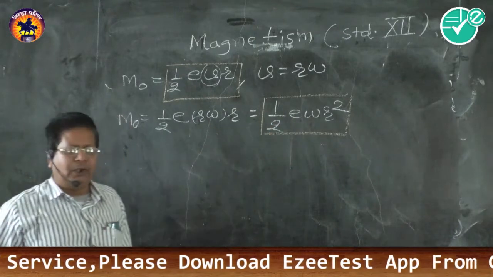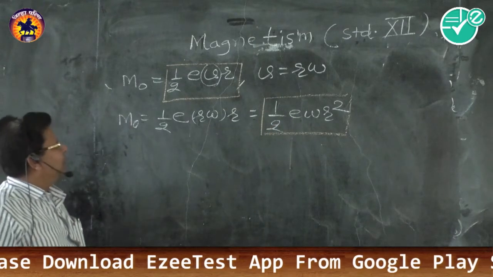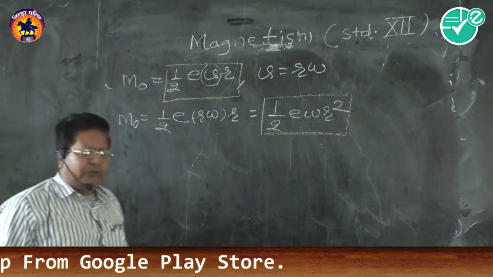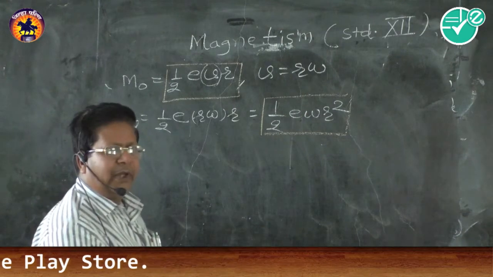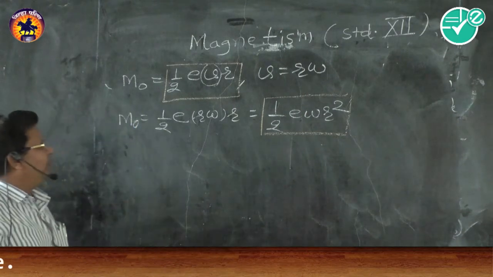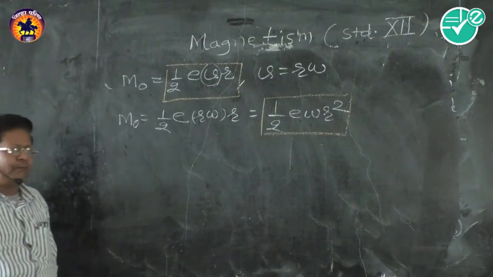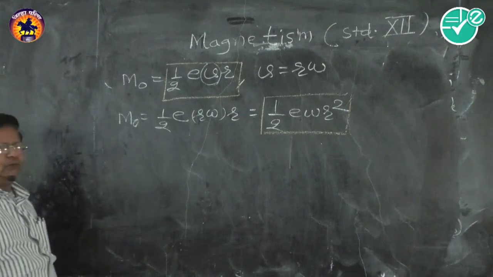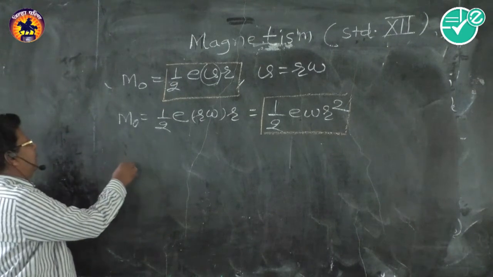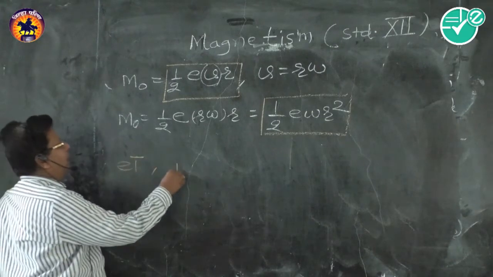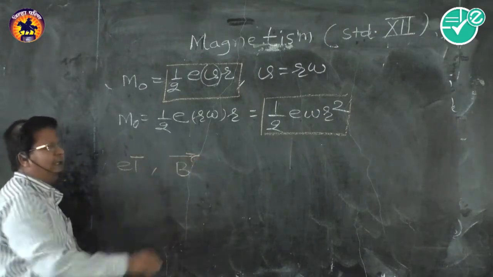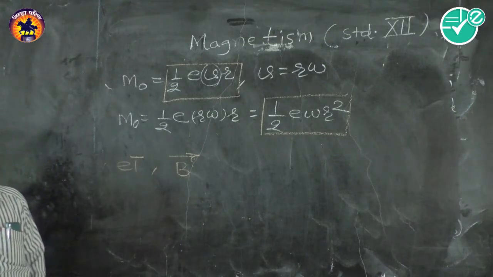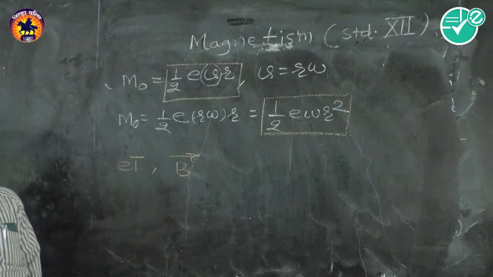So this is the second form of orbital magnetic dipole moment in terms of angular speed, where omega is the angular speed. Again, we find another relation which is related with kinetic energy of revolving electron and magnetic field induction. Then for that we consider, suppose that electron is revolving in magnetic field perpendicular to the magnetic field, then it performs circular motion.